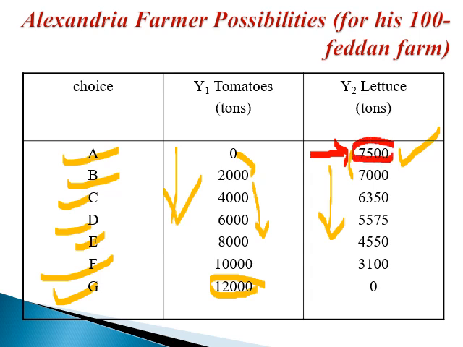This is not the issue, because remember, I'm talking about maximizing profit. Probably the ton of lettuce is much more expensive than the ton of tomatoes. So I care about how much money I make when I produce a crop. So here the story doesn't apply. So you cannot tell which combination is the best, because you don't know the unit price of tomatoes, which is the ton price of tomatoes, and you don't know the unit price of lettuce, which is the ton price of lettuce. In order to do that, I have to give you P of Y1 and P of Y2.